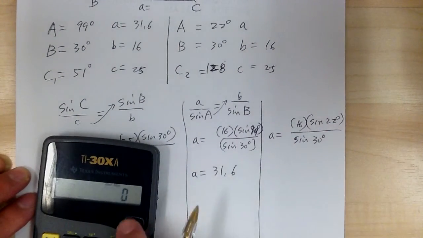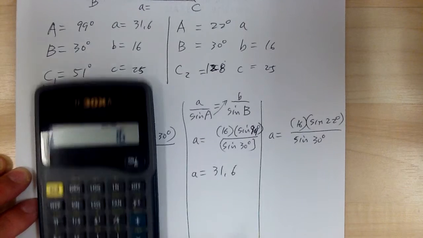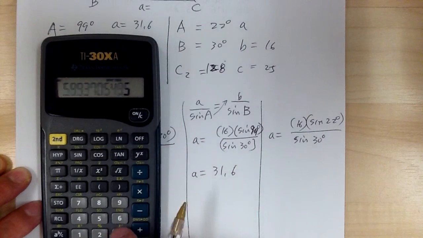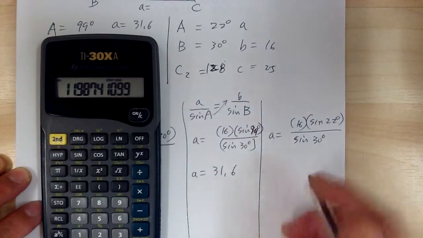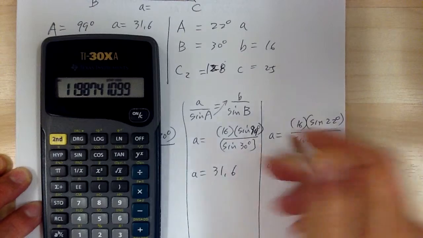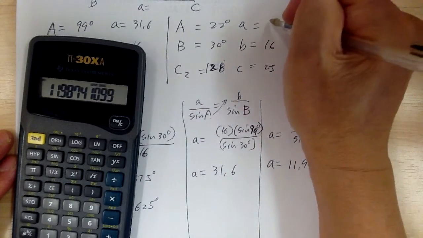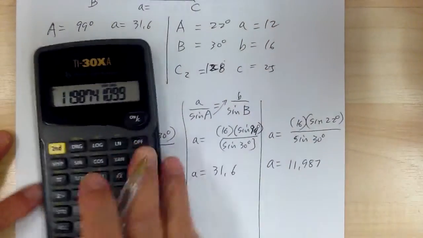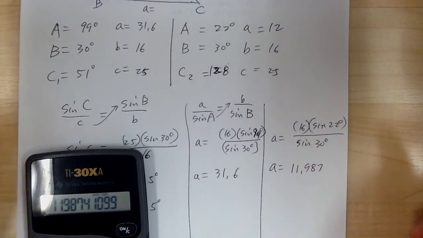So you got 16 times sine 22 divided by sine 30, so A equal to 11.987. So in this case, A equal to, I guess it's 12. Okay, so there's our two cases, and that's it.